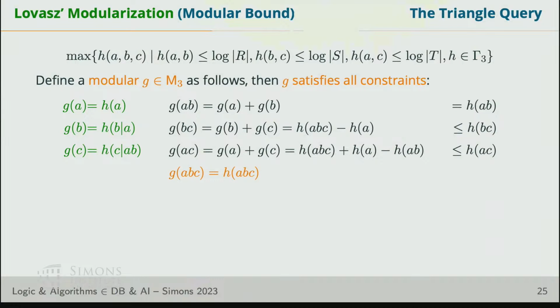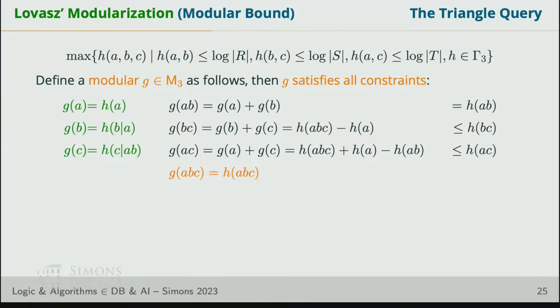Now you can verify that for these three numbers, g of AB, because it's modular, is g of a plus g of b. So this is h of AB by definition. And then g of BC is g of b plus g of c. And by submodularity of h, this will be smaller than h of BC by definition.